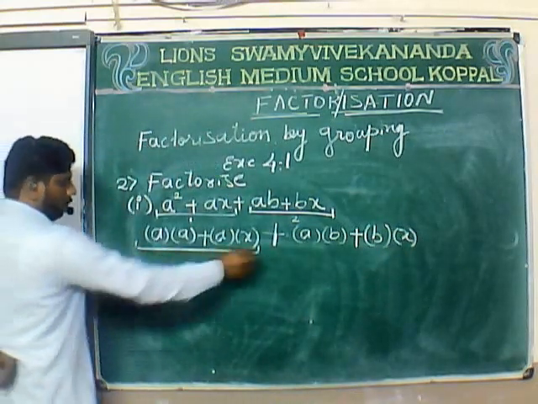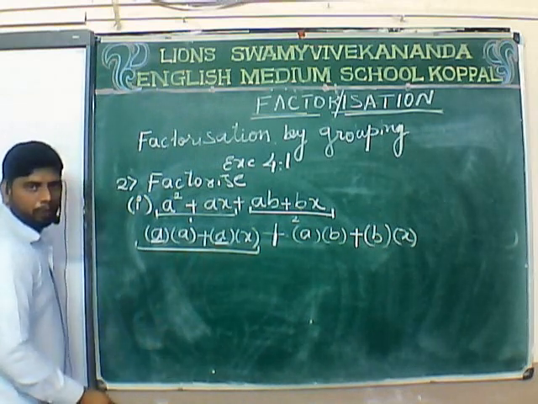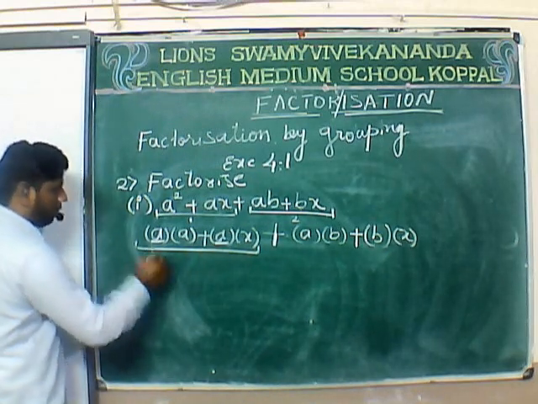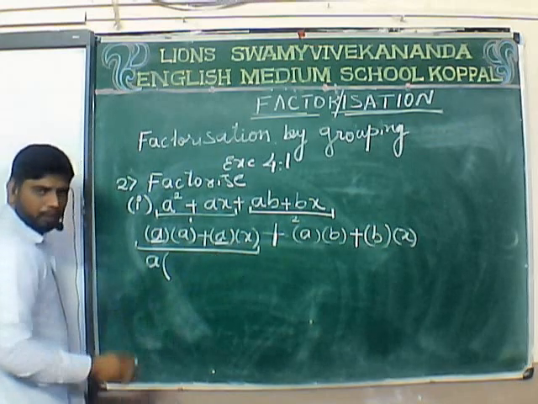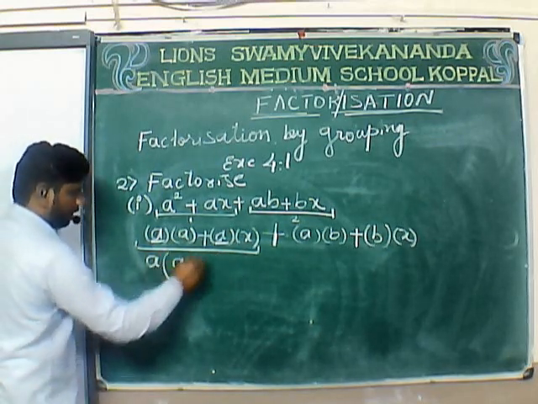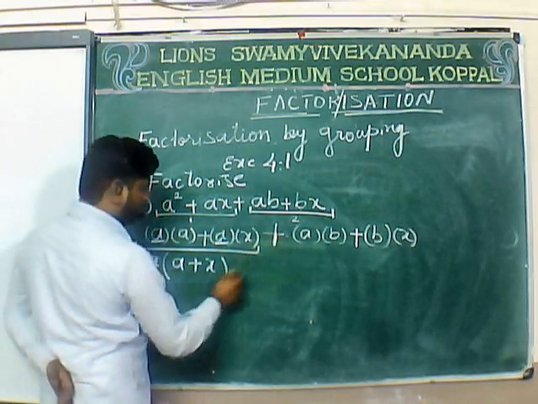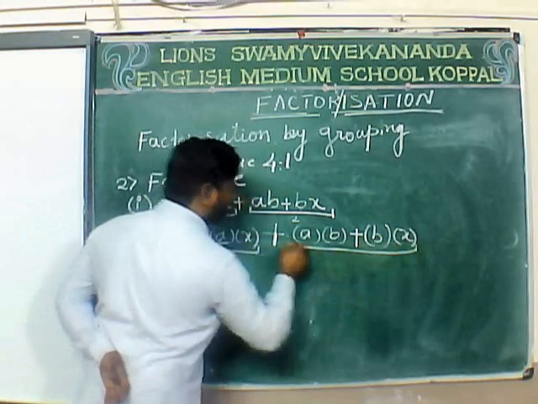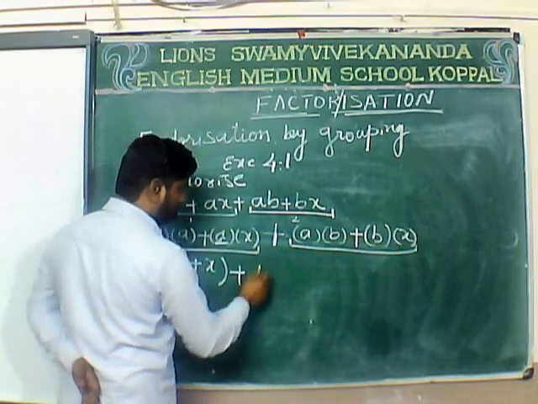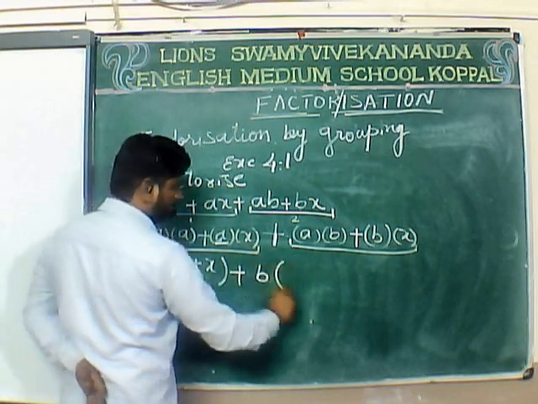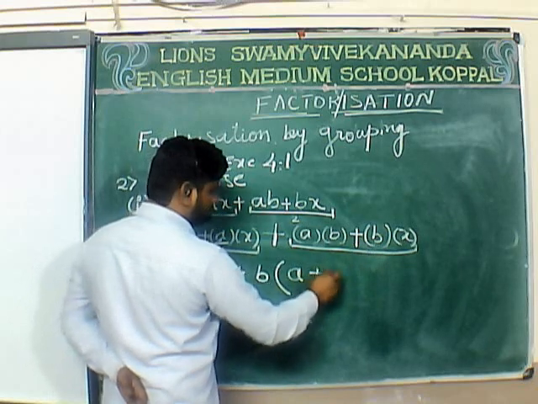In the first group, what is common, dear students? a is common, so I took a common outside. What is left? a plus x. And I have a sign here, plus. This is another group. In this group, what is common? b is common. Taking b common outside, what is left? a plus x.